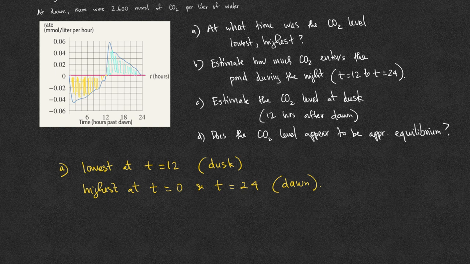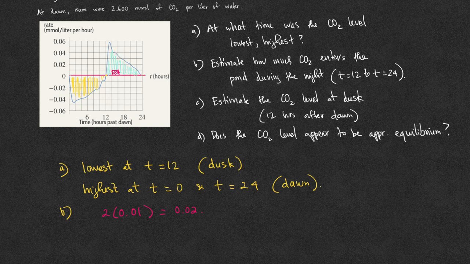Each square has an area of 0.01 times 2, which is 0.02 for each square. We just need to count how many squares fit under this curve.